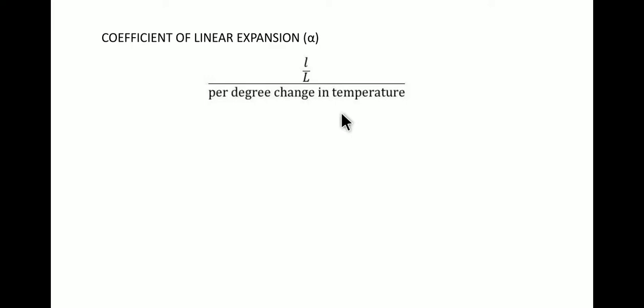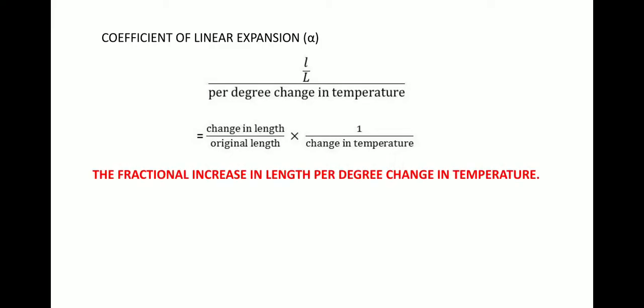Now this can be represented mathematically as change in length by original length times per degree change, which means division is converted into its reciprocal multiplied, that is 1 by change in temperature. So we can say that the coefficient of linear expansion is the fractional increase in length per degree change in temperature.